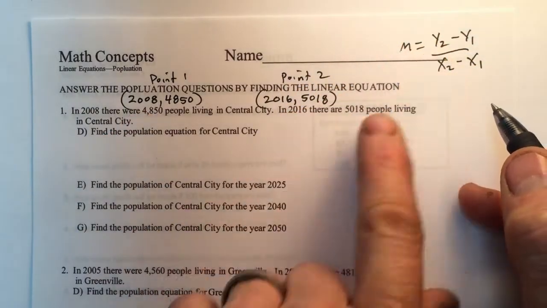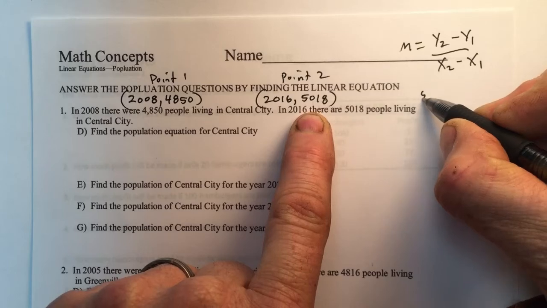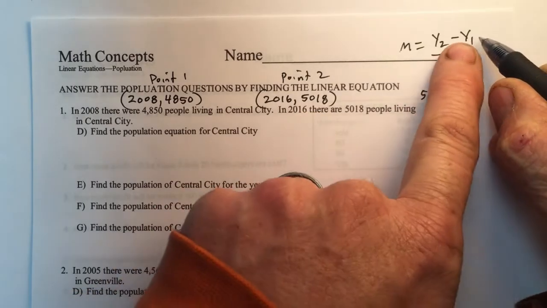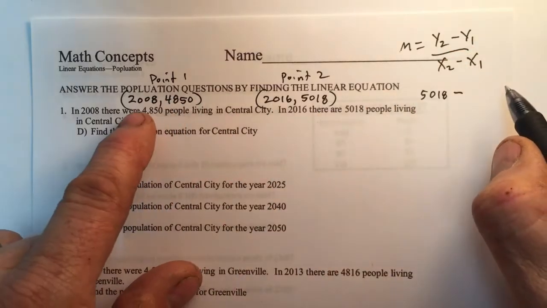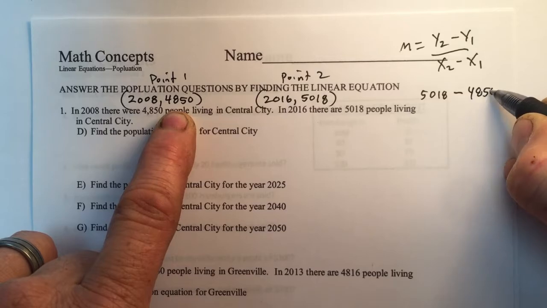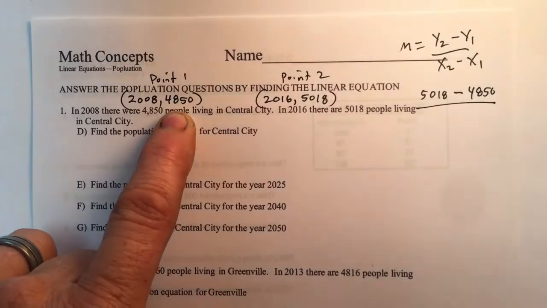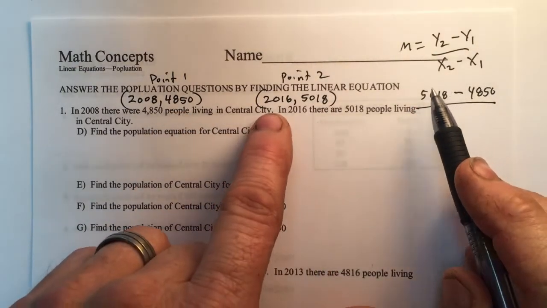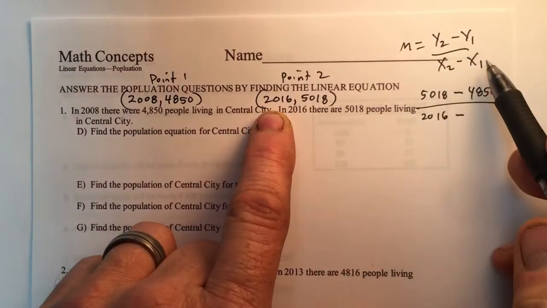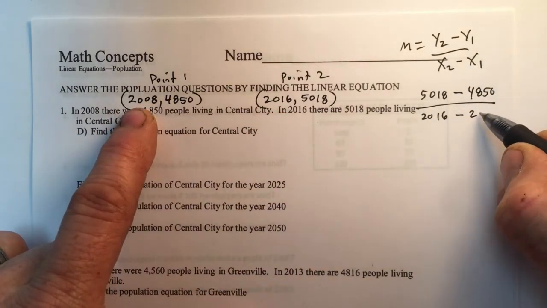So the y in point 2, 5,018 minus the y in point 1. The y in point 1 over here is 4,850. Okay, now the x in point 2, well, that's 2016. The x in point 1, that's 2008.